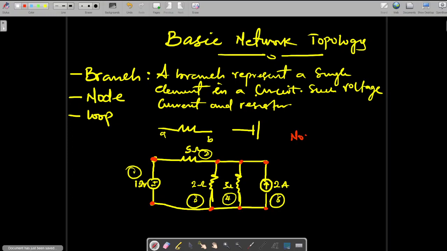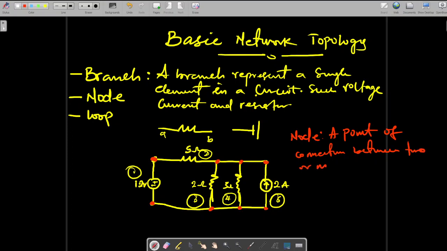A node is a point of connection between 2 or more branches. So when you talk about node, we are talking about the point of connection.